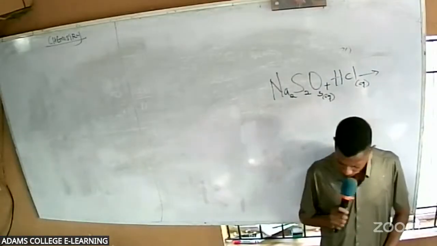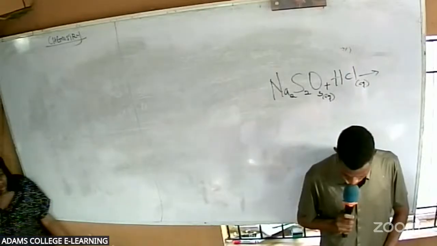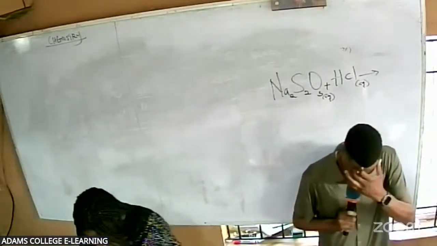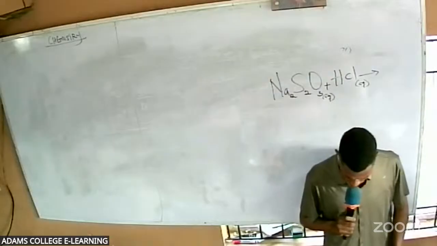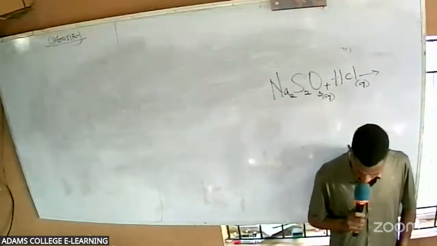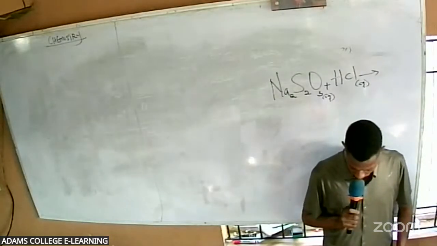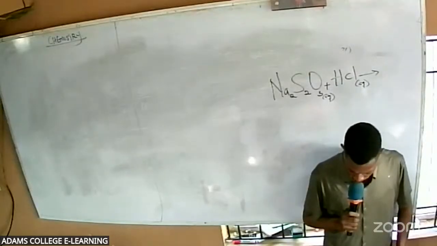Option D: a decrease in volume and an increase in the pressure of the reactants.